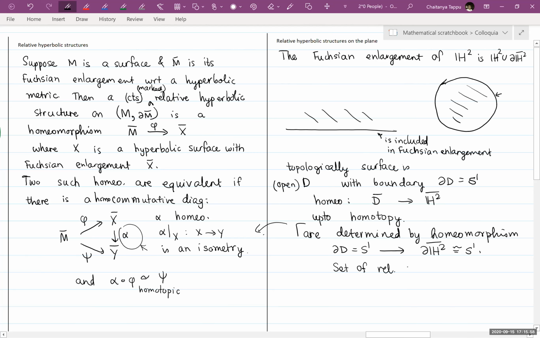So the set of relative hyperbolic structures on H2, comma, del H2 bar, is the set of homeomorphisms of S1 modulo PSL(2,R), which is the isometry group of H2. Okay.